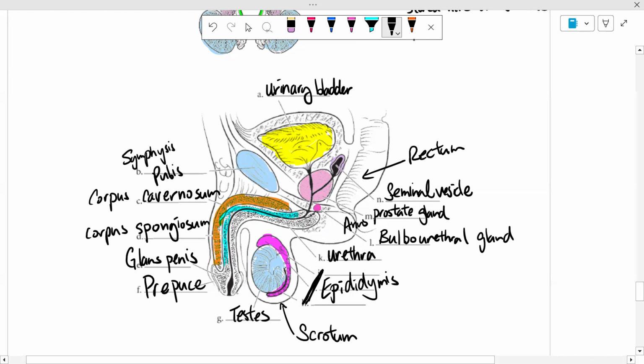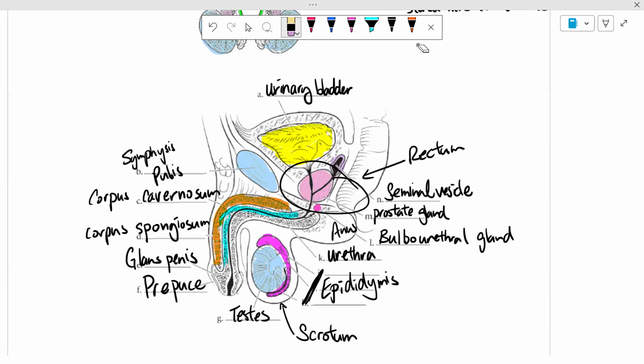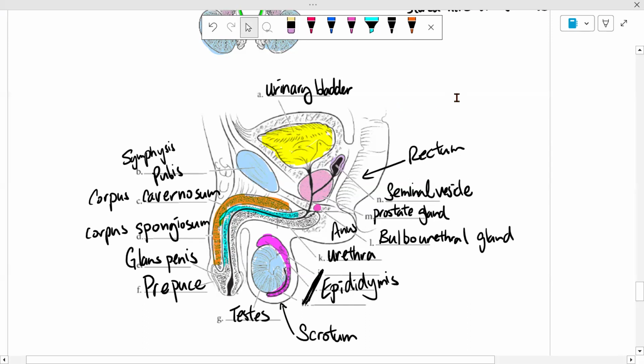So for men over 40, they recommend checking the prostate, and they actually have to go through the anus and put the finger into the rectum to feel the prostate, because you can see it's really close, right? Like to feel if the size of the prostate is normal. Okay, so that is that.